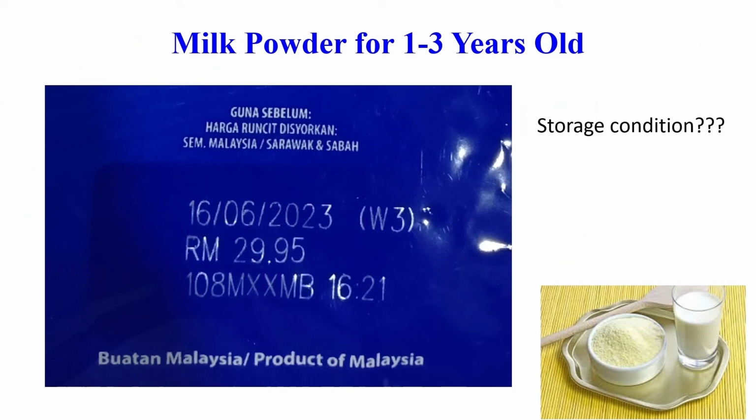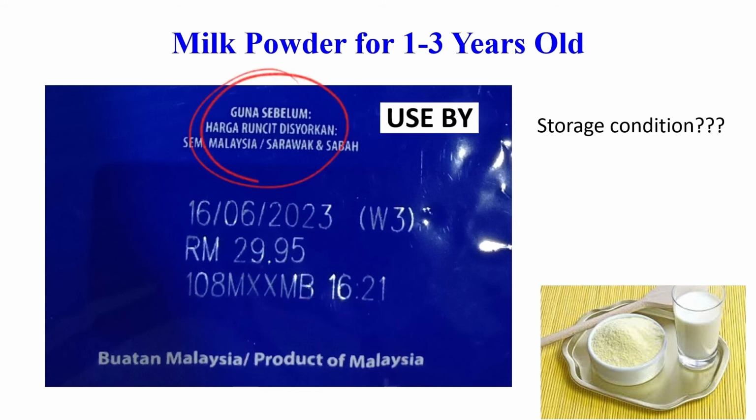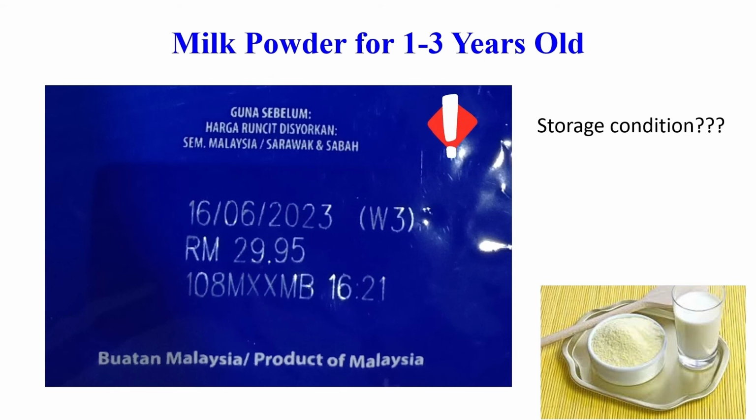Then this is another example. It's a type of milk powder for 1 to 3 year old children. It's very good, an introduced product of Malaysia. It says used by, guna sebelum. It's good they use a used by date. But again, I can't find any storage condition on this package.